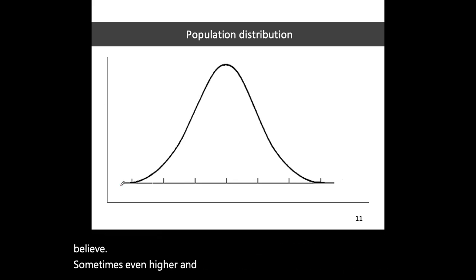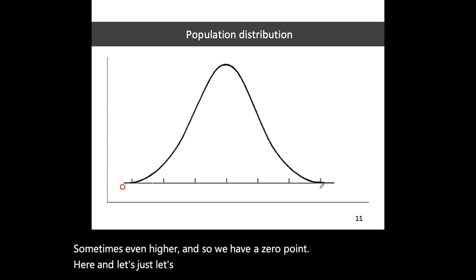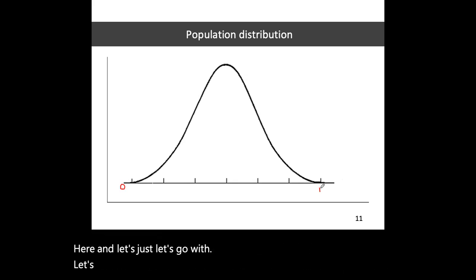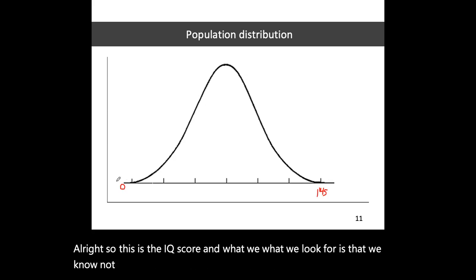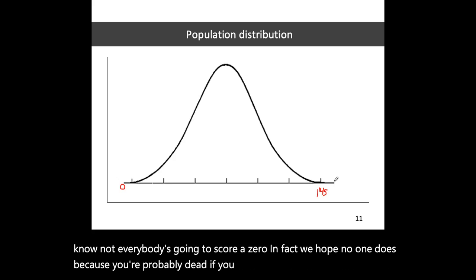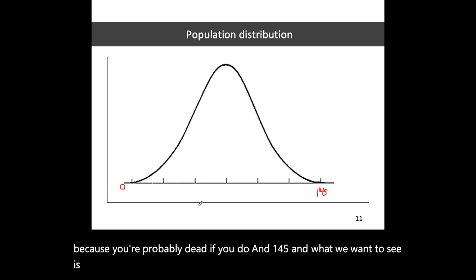So we have a 0 point here, and let's do the upper limit of 145 tends to be the high end. Okay, all right, so this is the IQ score, and what we look for is that we know not everybody's going to score a 0. In fact, we hope no one does, because you're probably dead if you do. And 145. And what we want to see is, so these are the scores on an IQ test.